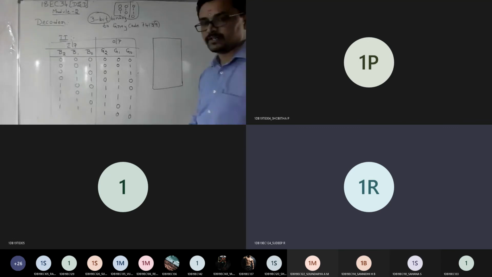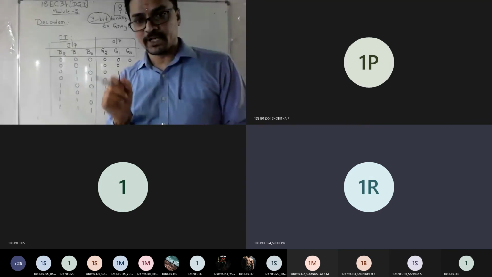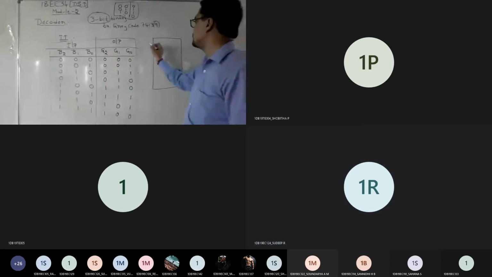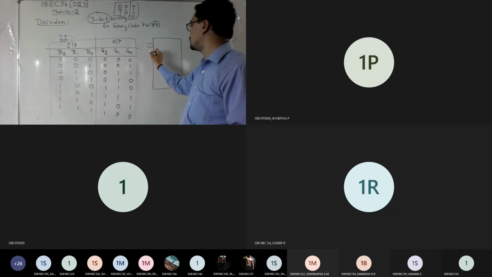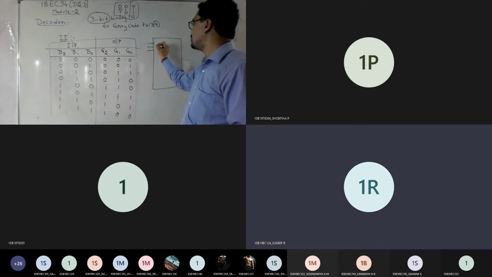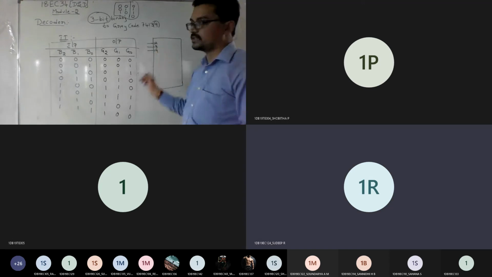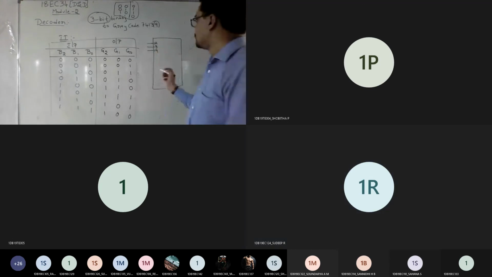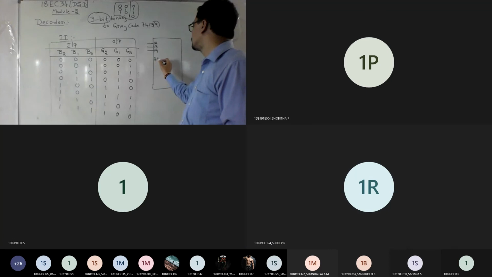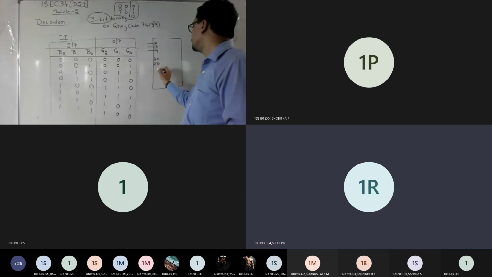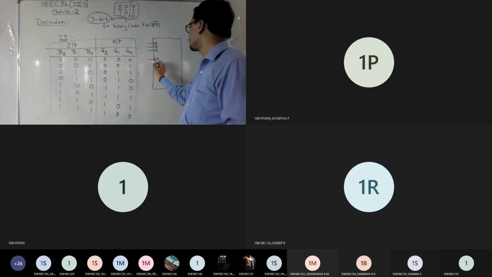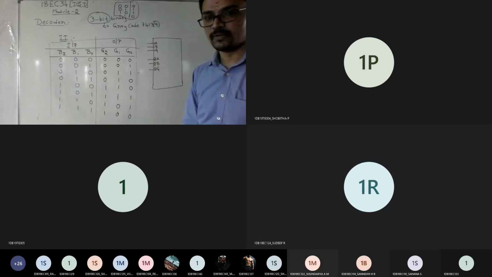It has a dual 2:4 decoder. So there are 3 inputs, I mean 2 inputs along with one selection line. So I can call them 1A, 1B and 1G. That G indicates the enable pin. Similarly you have 2A, 2B and 2G. So this is what you have, dual purpose.